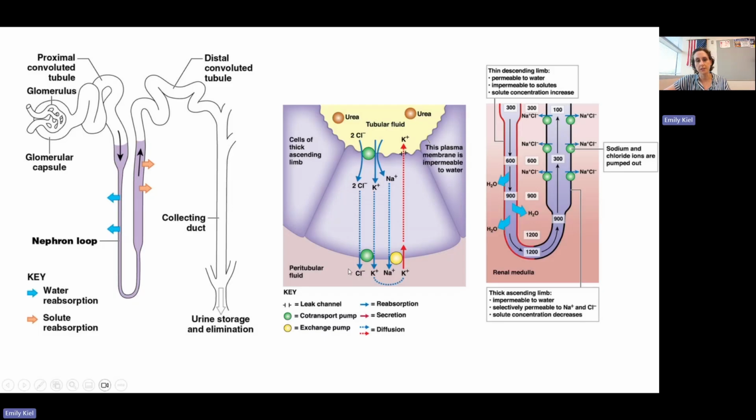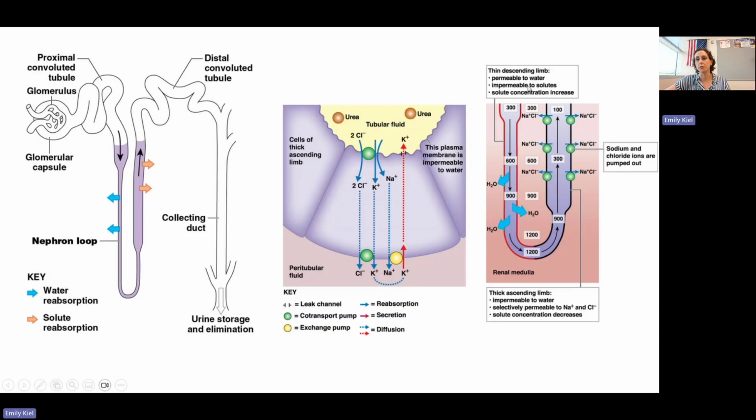When we look a little bit closer, we have our tubular fluid here and our peritubular fluid. We are reabsorbing the sodium, we're reabsorbing some chloride and some potassium, and then we resecrete that potassium because we don't want our internal potassium to be too high. And as we look here, this is showing us the osmolarity of what we're seeing and how that is working.